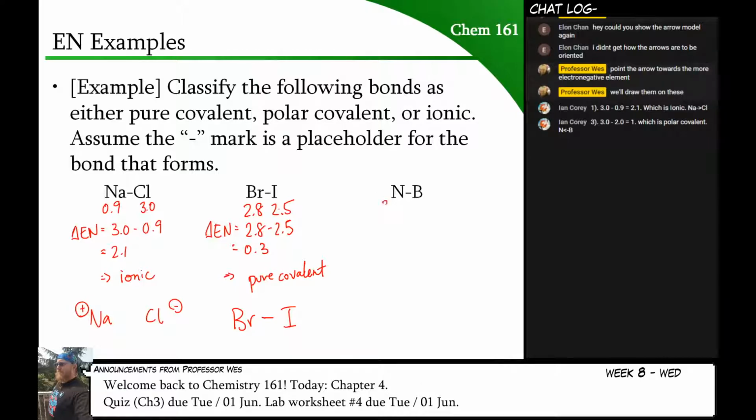Now BN, N is 3.0, B is what, 2.1? 2.0? I'm going to go with what you have here. So because it's greater than 0.5, but it's less than 1.8, we're polar covalent. That means that the electrons in the bond are shifted towards the more electronegative element.